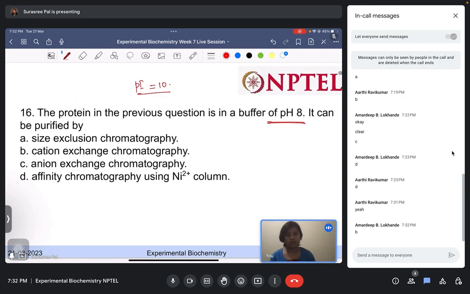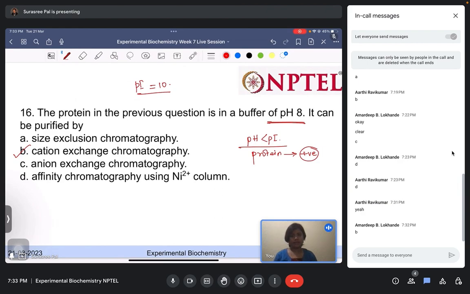So if the pH is less than the pI, what will be the charge of the protein, and based on that which chromatographic system should we use? Since pH is less than the pI, the protein will be positively charged, and if the protein is positively charged, then cation exchange chromatography should be used.